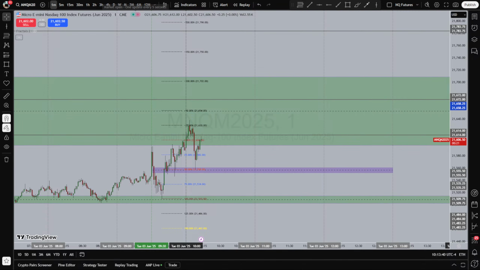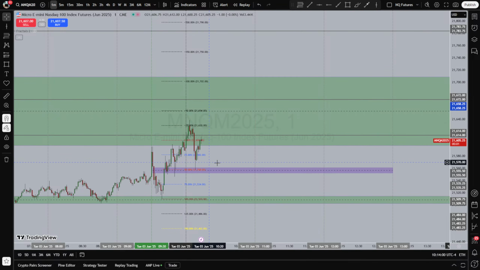It is a live account, by the way. It's my AMP account. I have the chart straight now, but if I do this, you should be able to see. Oh, it's right there. See, AMP live.